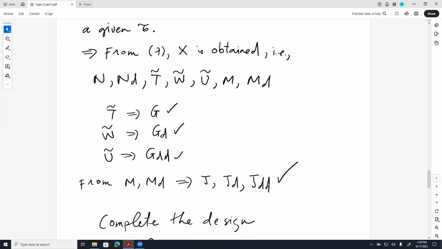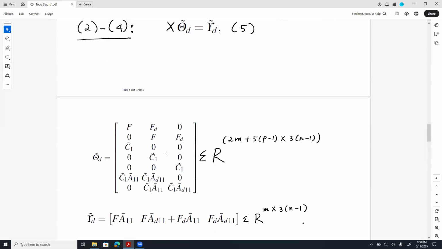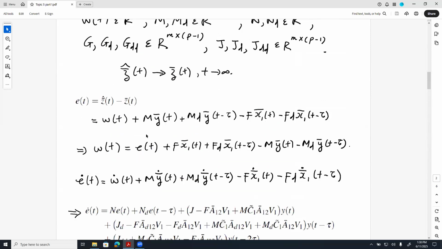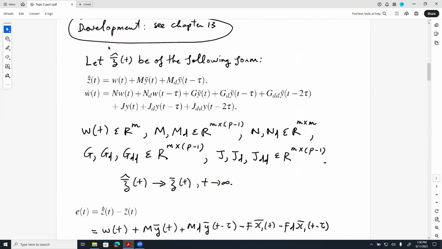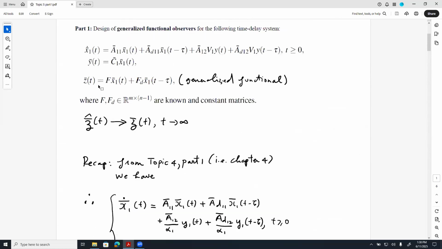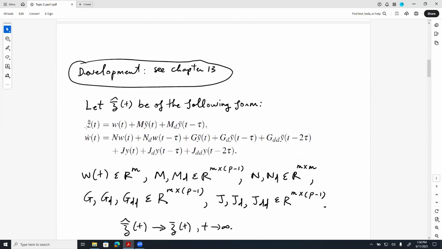And remember, the way we are solving this problem is we are solving the estimation in one go. We estimate this generalized functional directly. And this is the structure of the observer that we propose in here.